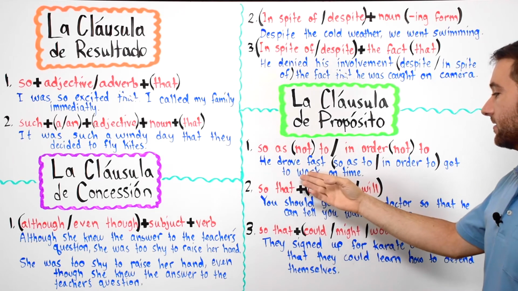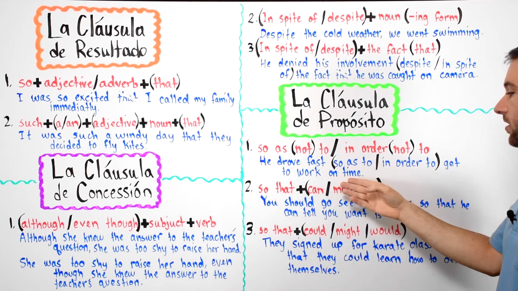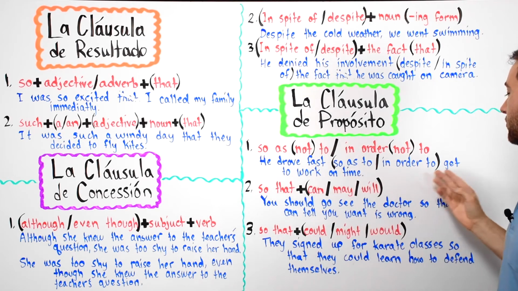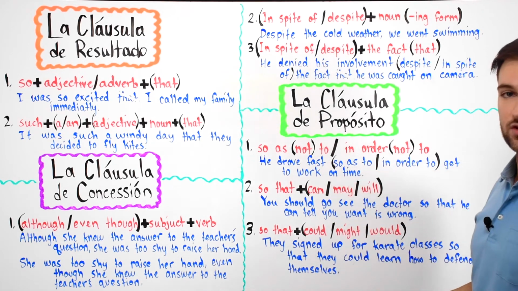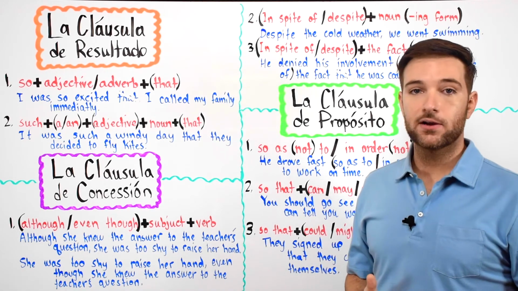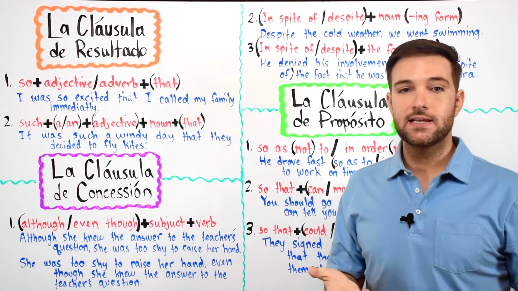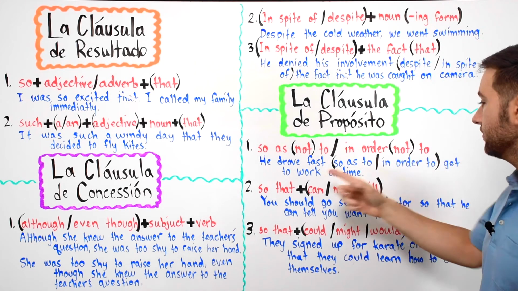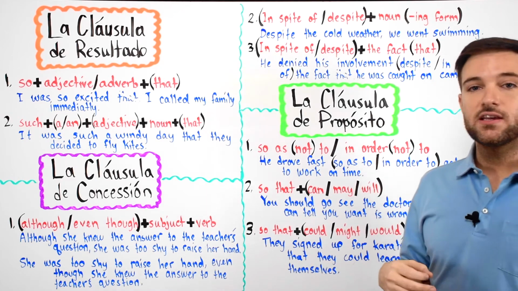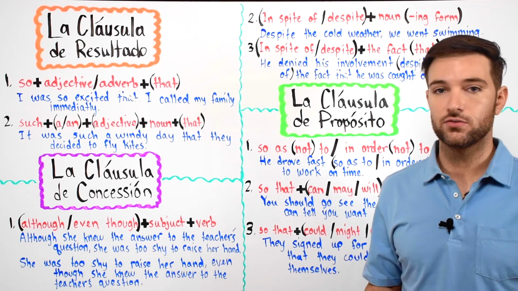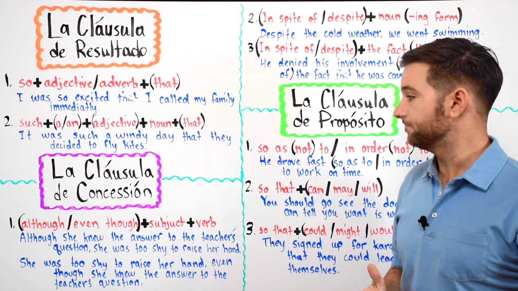He drove fast so as to get to work on time. Or you could say, he drove fast in order to get to work on time. So, él condujo rápido para llegar al trabajo a tiempo. En este caso, el verbo to get to work significa llegar al trabajo, or to arrive to work.